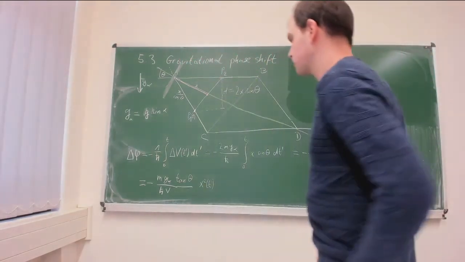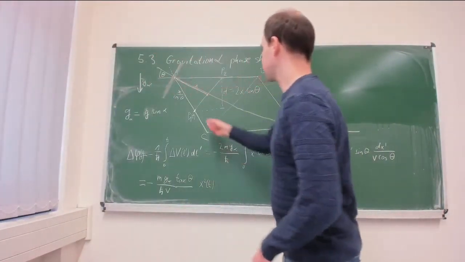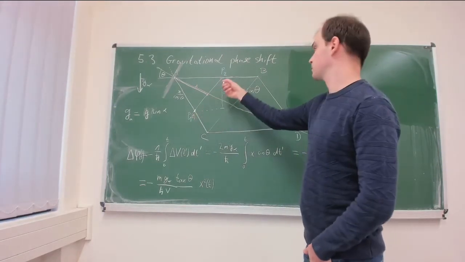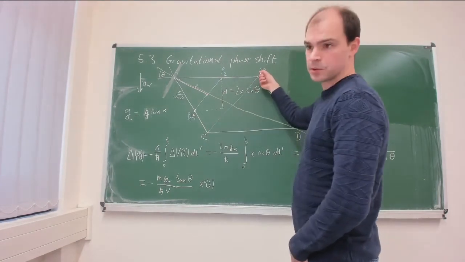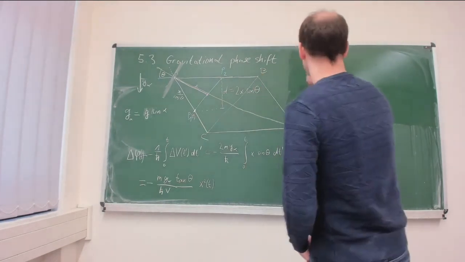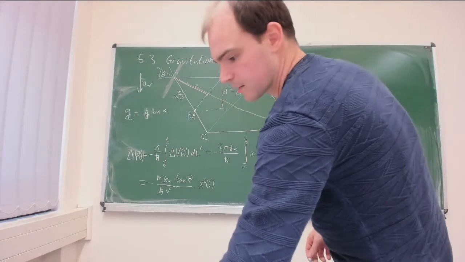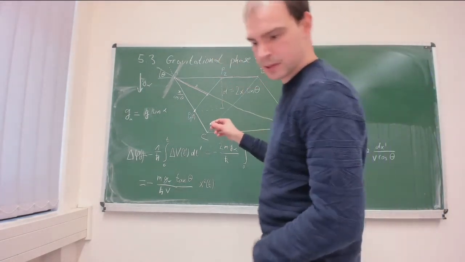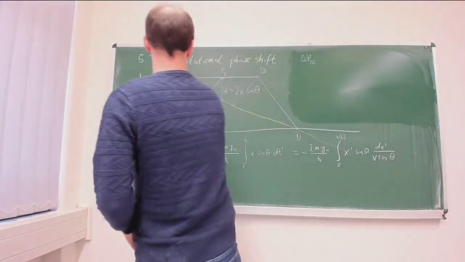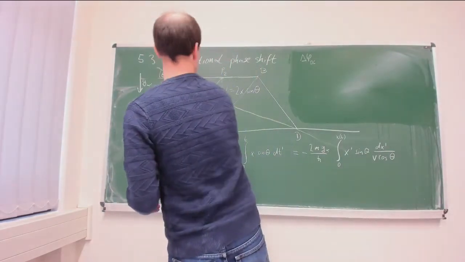So this is our delta phi of t, if you want. This is just the delta phi at the two points p1 and p2. Now if we're interested in our delta phi between the points b and c, let's call it delta phi bc, then you just put in this length, from here to here all the way.